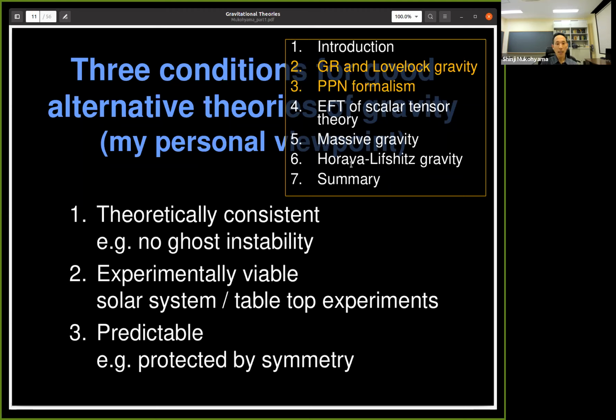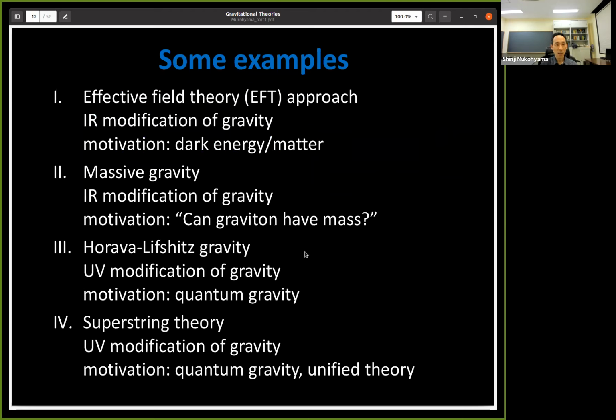And as for this point, protected by symmetry, I'd like to talk about some effective field theory approach. So this may tell us something about this.